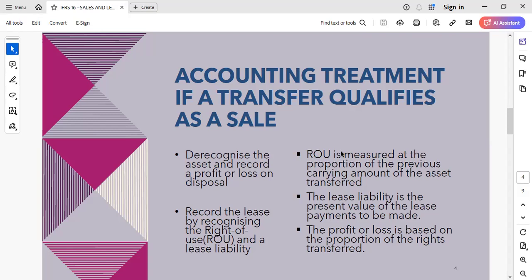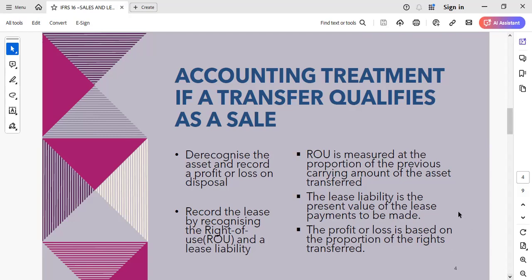Of course, for the right of use involving sale and leaseback, what we do is that we measure the right of use as a proportion of the carrying amount of the asset that you sold or transferred to the buyer lessor, and then the lease liability is the present value of all future lease payments that you're supposed to make. Then the profit or loss is determined based on the proportion of the rights that you've transferred to the buyer lessor. All of this, we are going to be looking at using the Benito question.